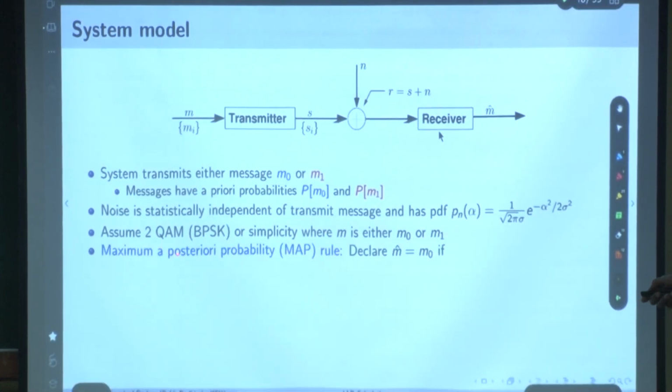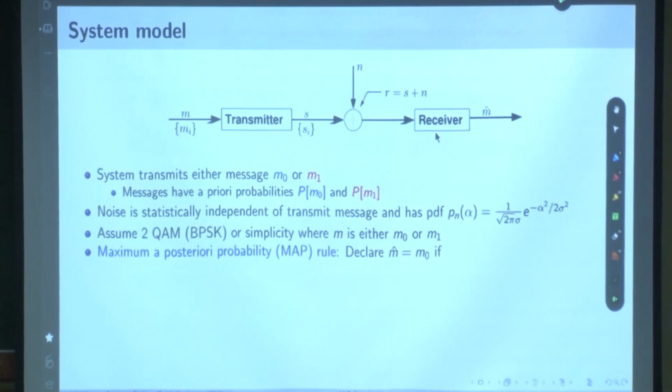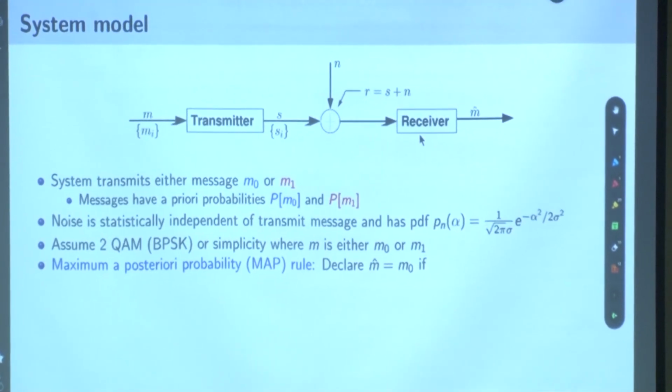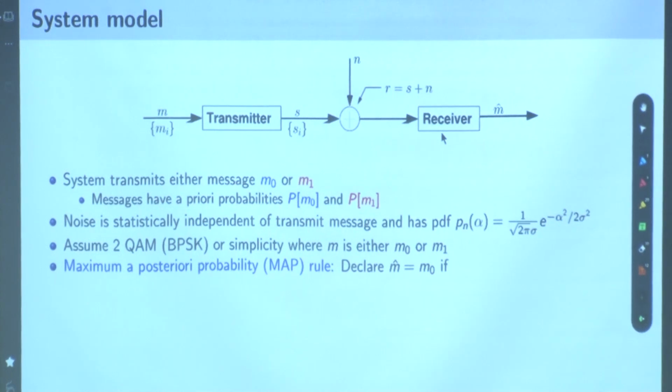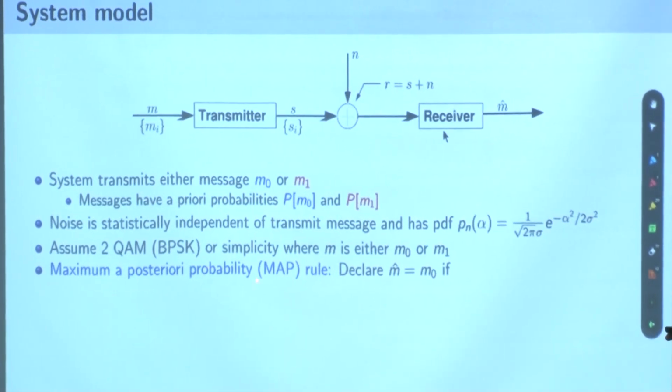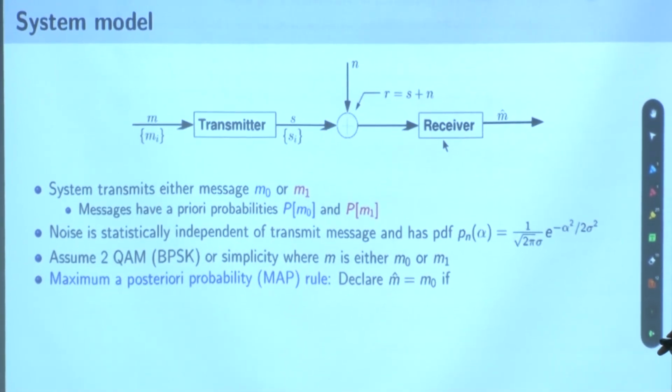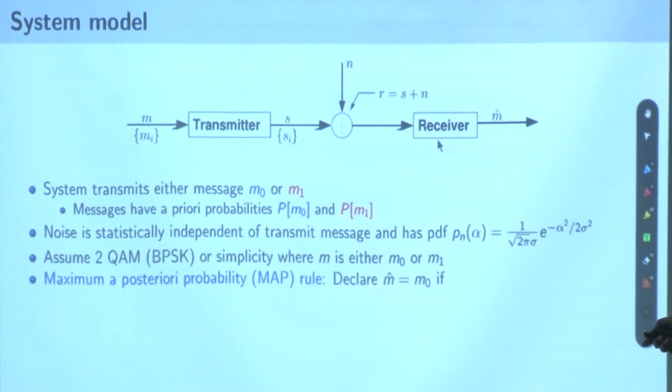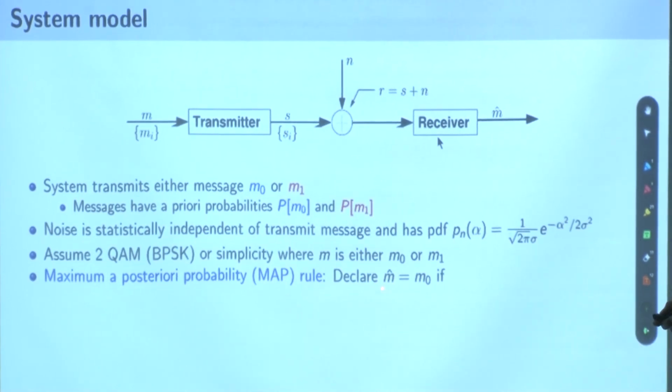Now, what is the decision rule which is going to maximize the probability of correct decision, or minimize the probability of error? What is it called? Maximum a posteriori probability. Look at this carefully. How are we defining this rule? We are saying: declare the estimate of the message as M0 if P of M0 given that you have received R equal to rho.